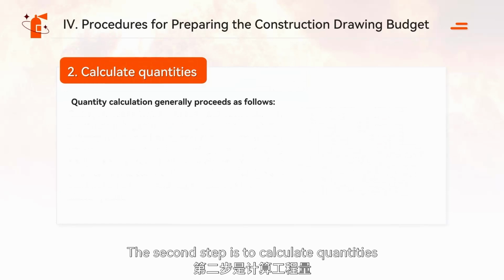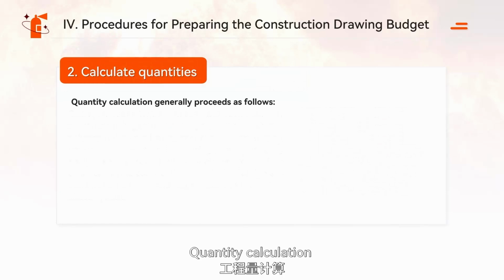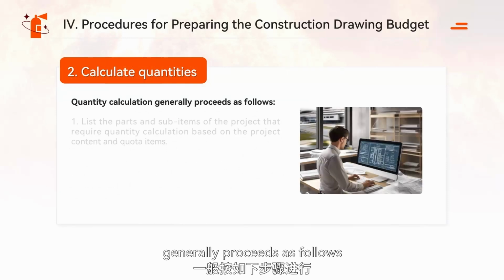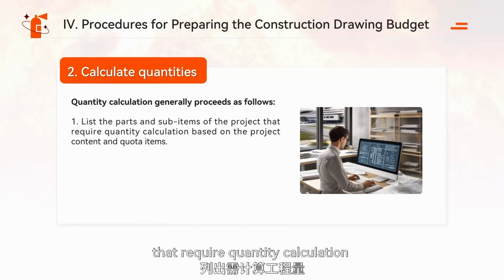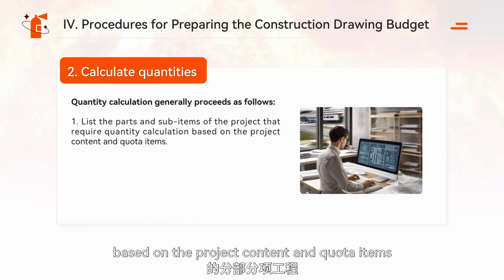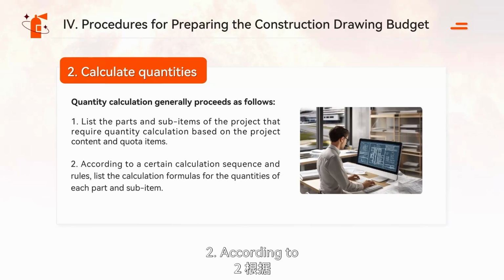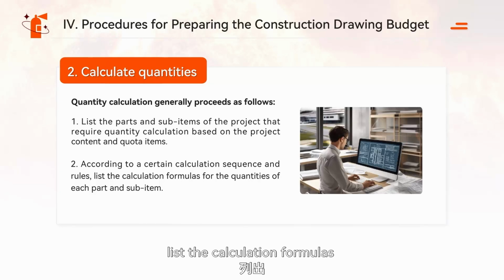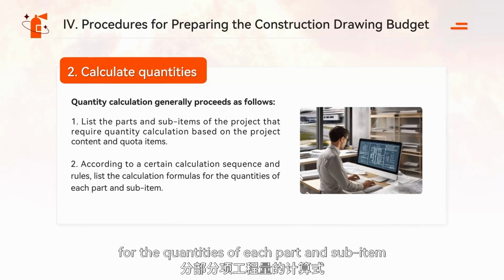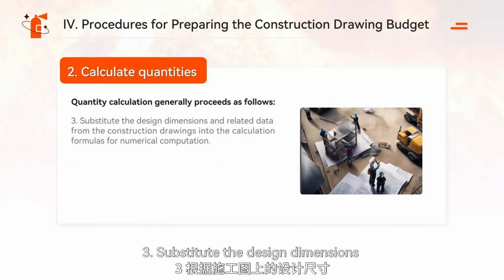The second step is to calculate quantities. Quantity calculation generally proceeds as follows. 1. List the parts and sub-items of the project that require quantity calculation based on the project content and quota items. 2. According to a certain calculation sequence and rules, list the calculation formulas for the quantities of each part and sub-item. 3.